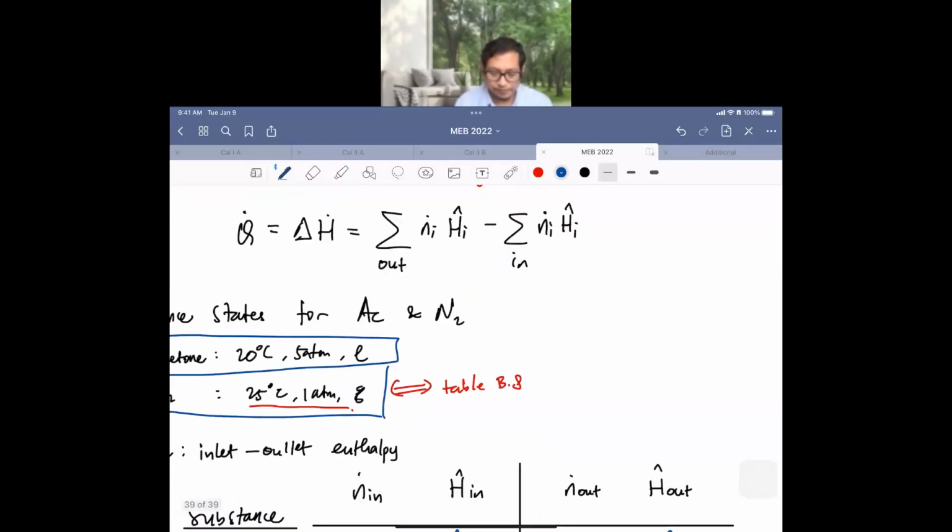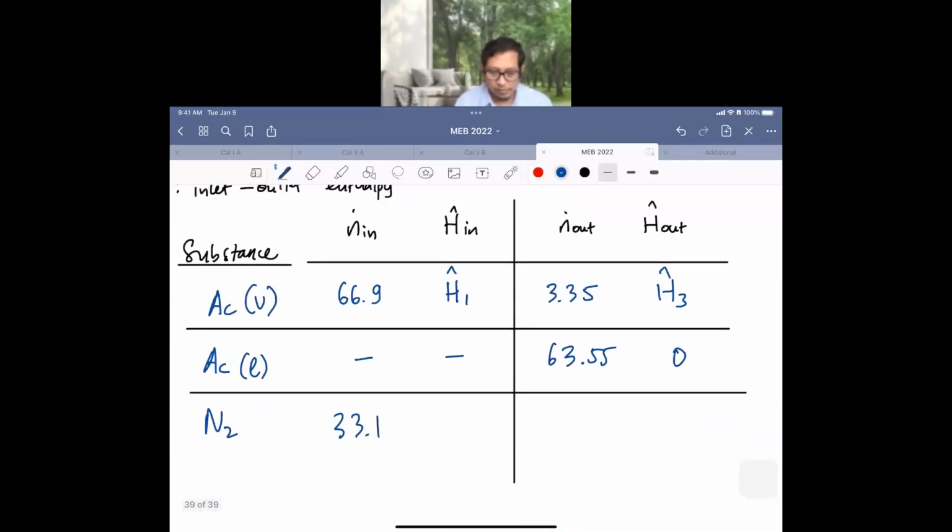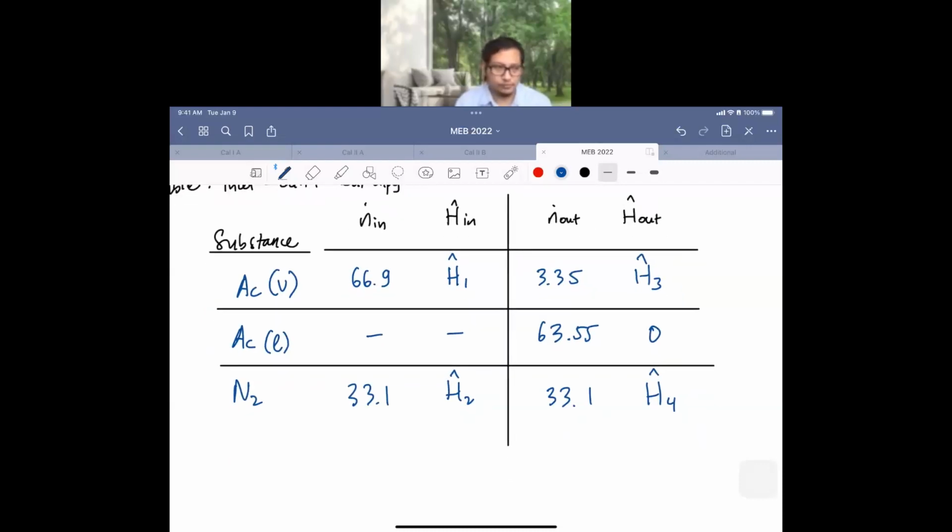And the enthalpy, let me write H2, and out still have the same, and still writing the same also. So we have 4 specific enthalpies.